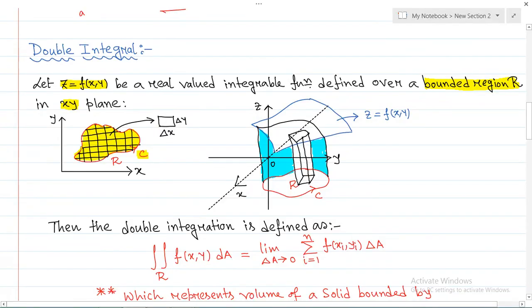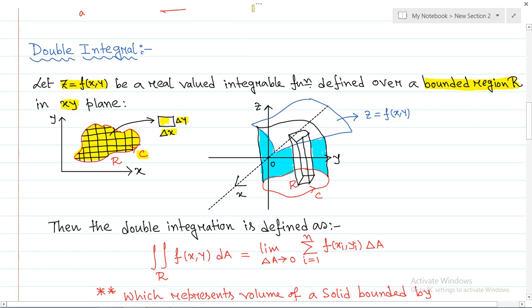So some vertical lines and horizontal lines have been drawn, and many grid points have been created. If we focus on a particular grid, we think of it as having length delta x and breadth delta y.